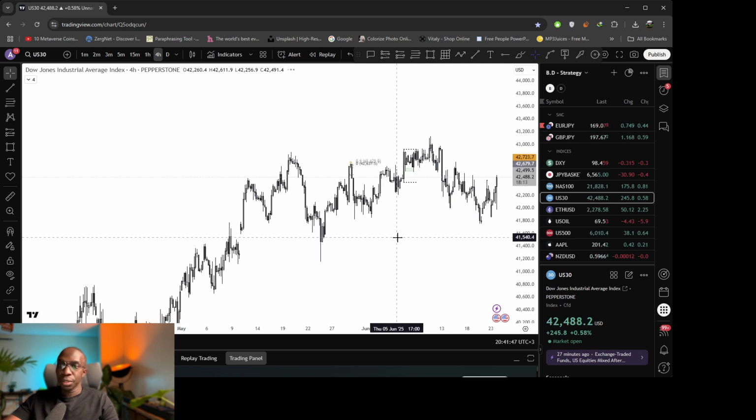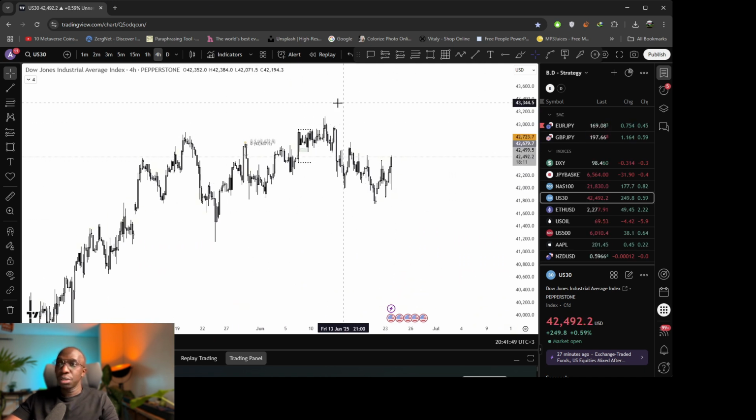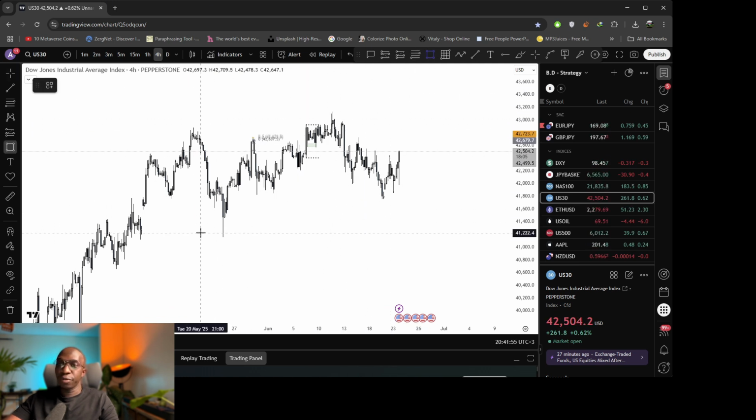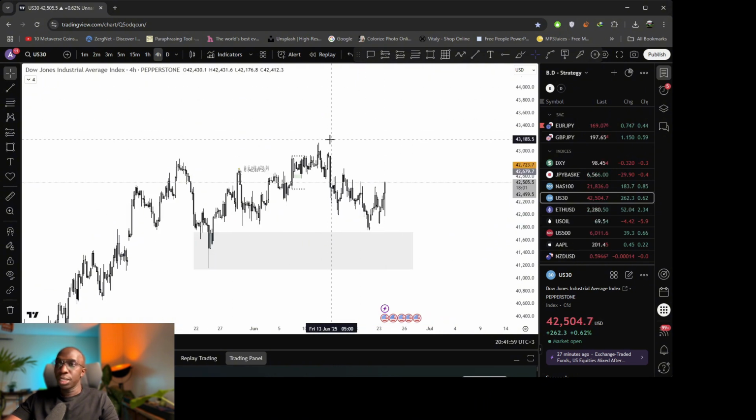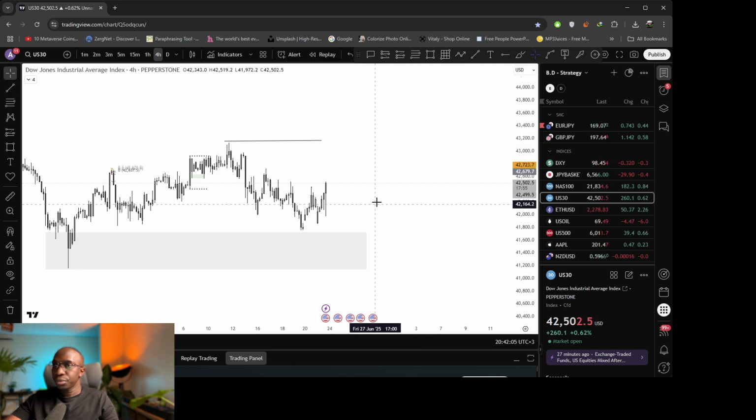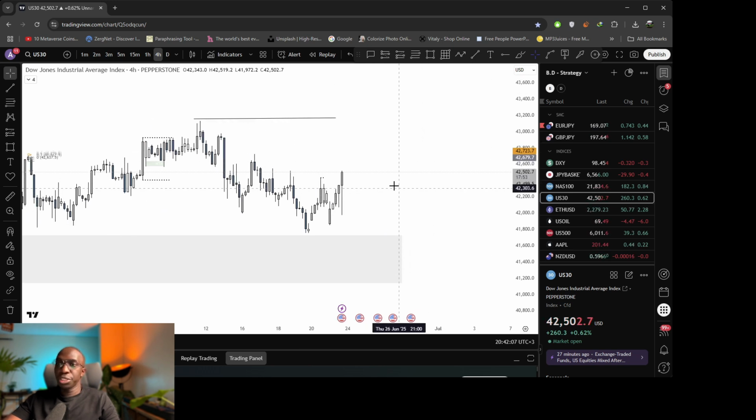Let's see. Pretty bullish as well. We can see we've been creating higher highs, higher lows. There's a higher high right there. Maybe another higher low. We're looking for some of these lows to hold right here. Okay. This is a high right there. Yeah, still pretty bullish for US 30.